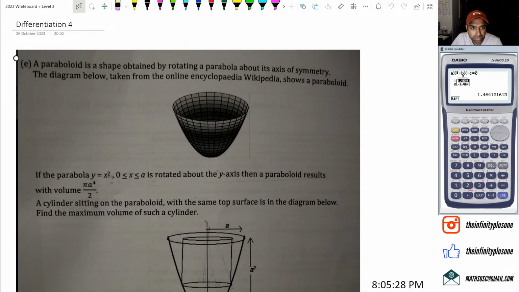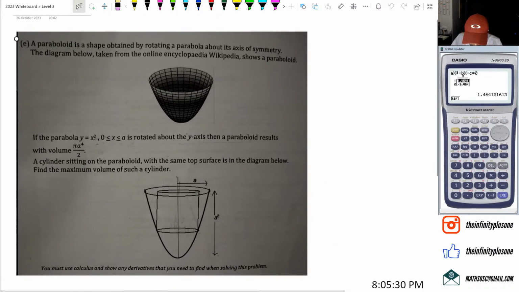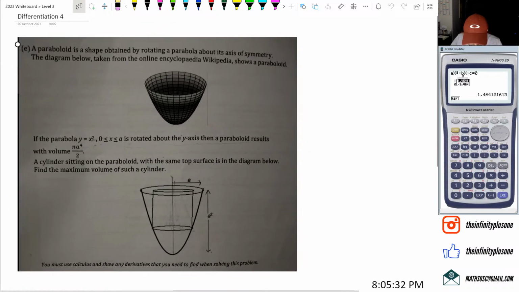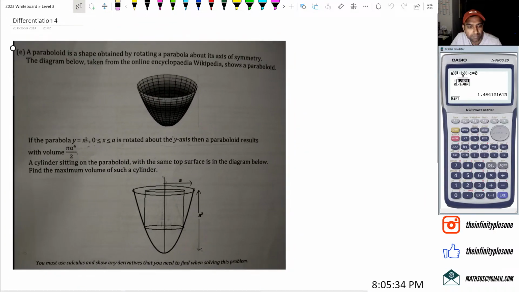Don't know how good this is on screen, but speaking of optimization, this is optimization.